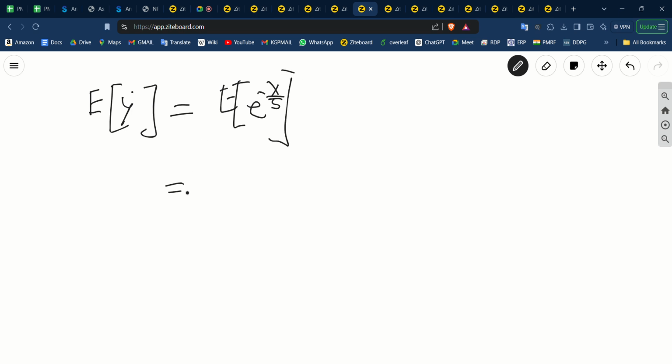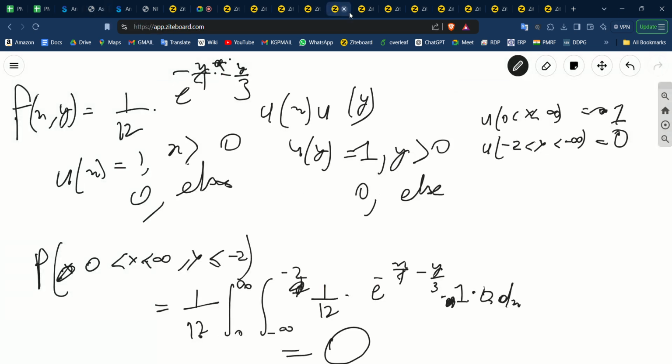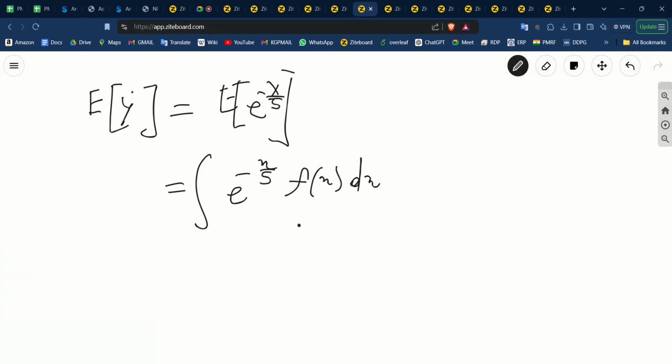Now we do the expectation operation: integral of e^(-x/5) f(x) dx, and x is within -5 to 15, so you do it within -5 to 15.